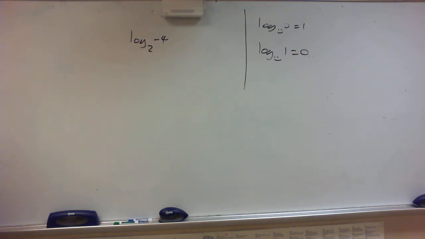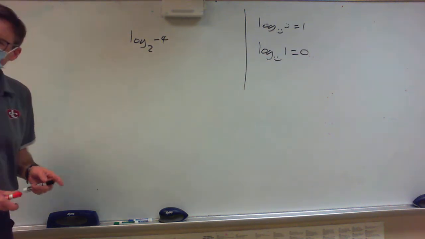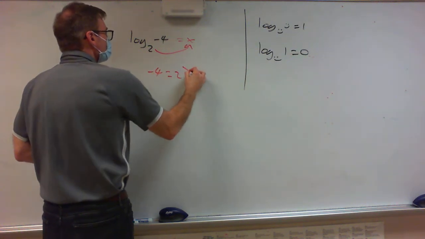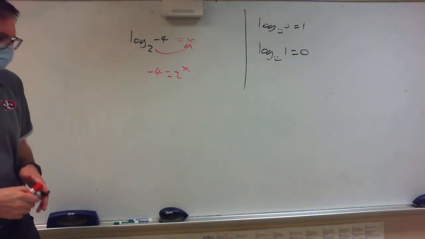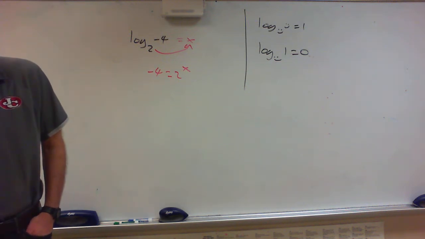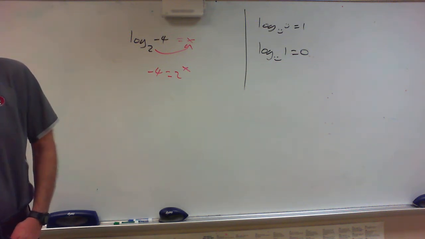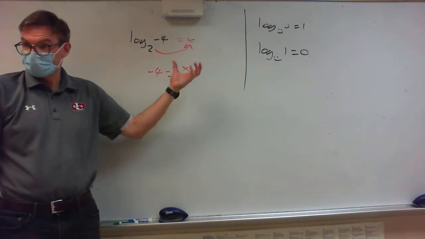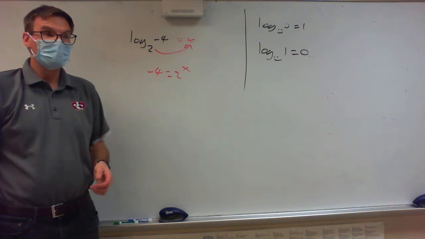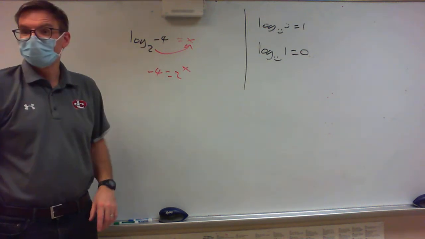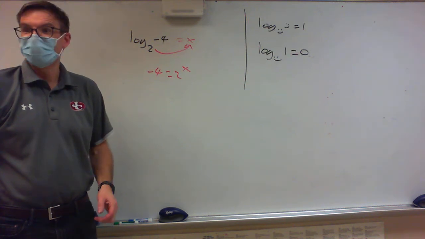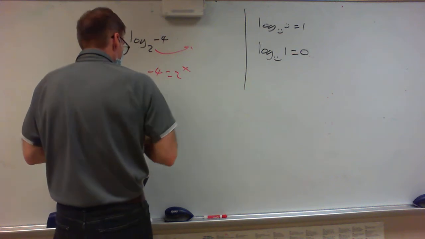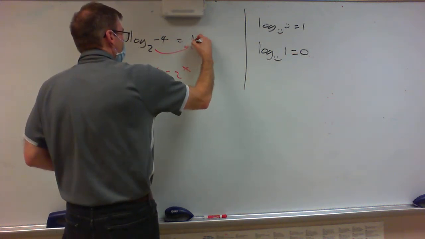Anybody confused with this? Is this weird? Good, it's supposed to be weird. So if you set it equal to x and you go swoop and you get negative 4 is equal to 2 to the x, you think, 2 to what power gives you negative 4? Can I raise 2 to any power and get a negative number? No, right? Because if the exponent gets bigger, the result just gets bigger, and if it gets smaller, it only approaches 0. Can everybody agree there's no way this is going to happen? So you know what log base 2 of negative 4 is? Error. Not possible. Bad. I'll just say bad.